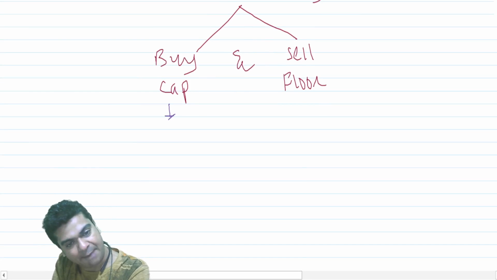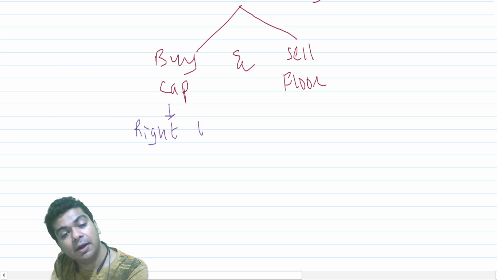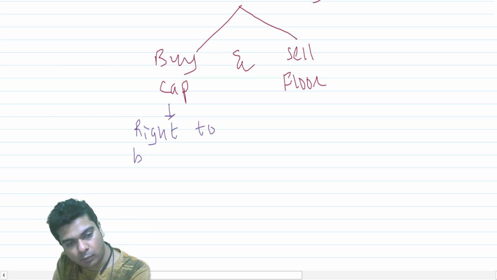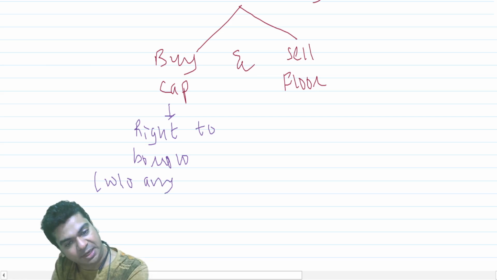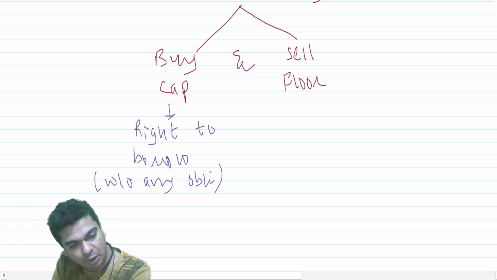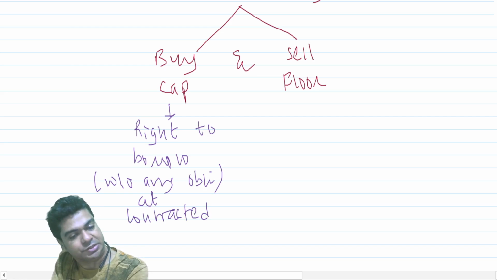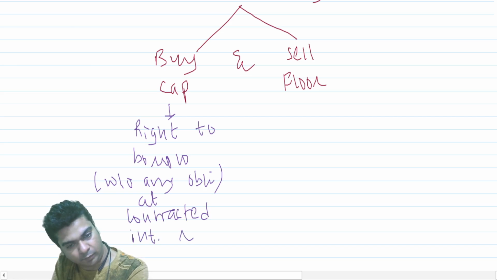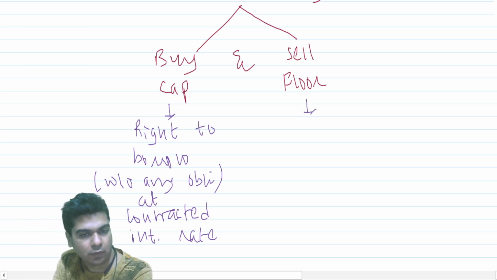If you buy a cap, you will get a right to borrow, of course without any obligation, at a contracted interest rate. And what will happen when you sell a floor?